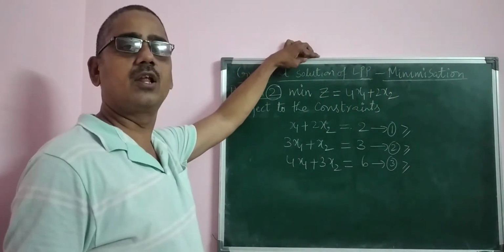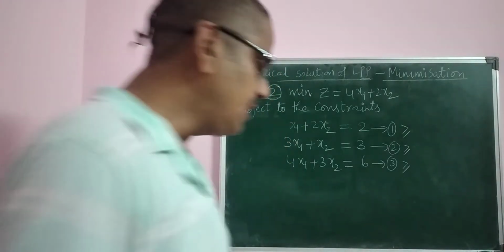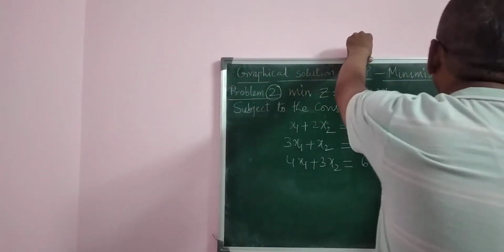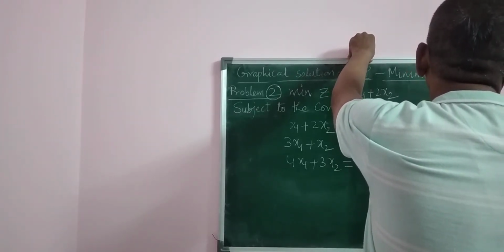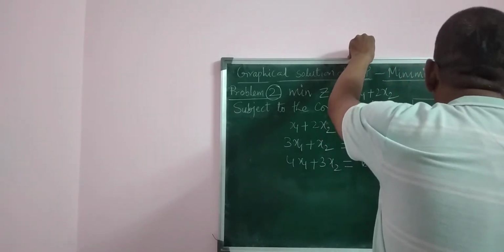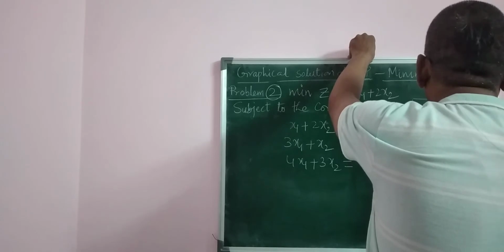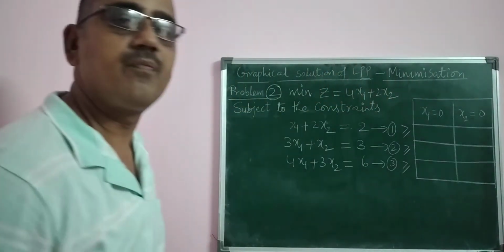All constraints are greater than or equal to. Now you have to get the 2 points for each and every particular equation. So same procedure: x1 is equal to 0 and x2 is equal to 0, you consider, and you calculate the particular points for each and every equation, equation 1, 2, 3, right?